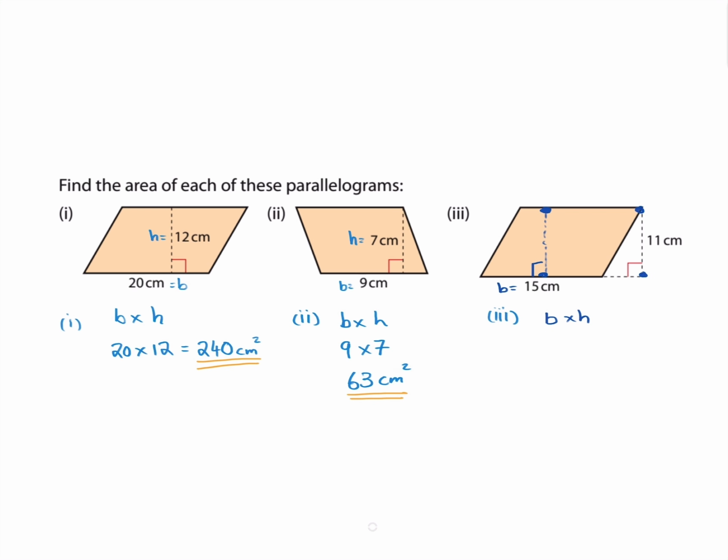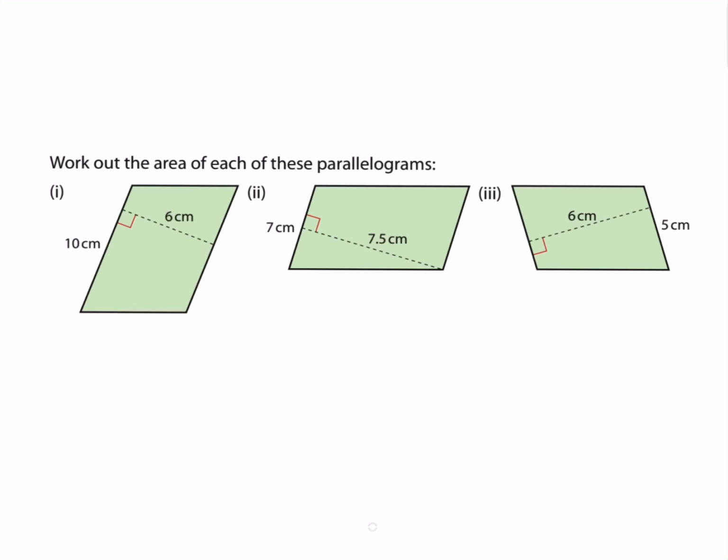So the base here is 15, and then the height is 11. So what you do is take your calculator, write in 15 multiplied by 11, and you get 165, and that is centimeters squared. And again, I always get a different color pen and I just underline it, just so it's really clear where the answer is.